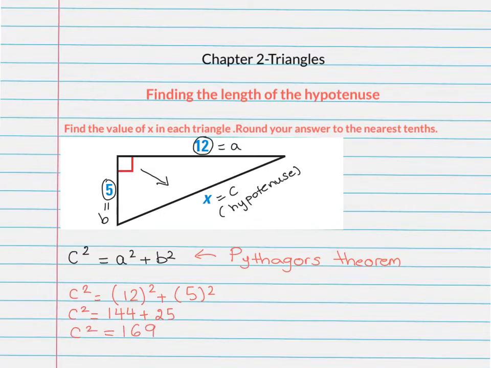Here we were able to get c to the power of 2 is 169, but till now we did not get the value of c at all. How to get the value of c? When you have a term to the power of 2 equal to a number, you can remove the power of 2, but you have to put a sign which is called the square root or radical.